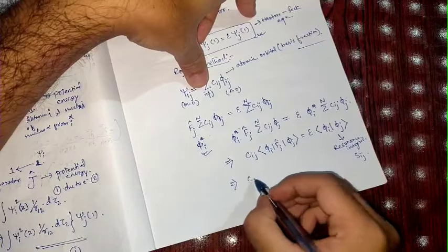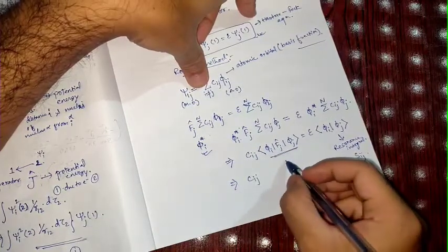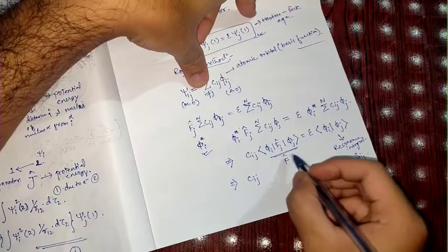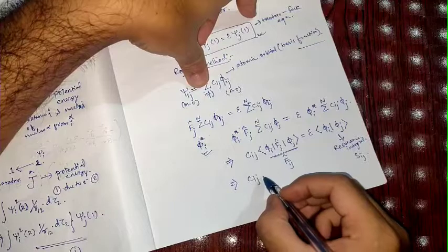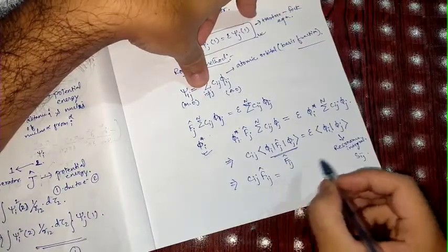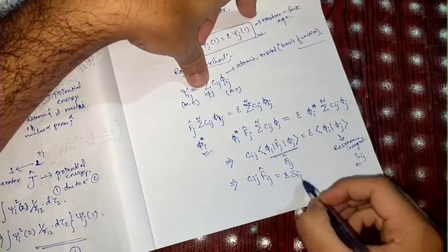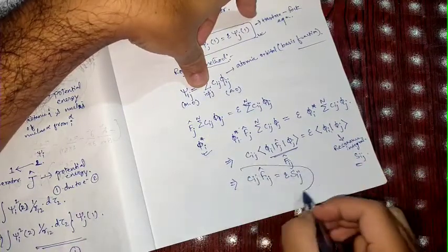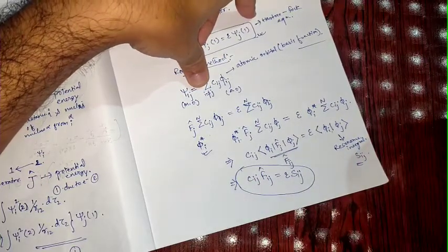So ultimately Cij, and this may be replaced by f cap Ij, and that is equal to E and Sij. This is the particular equation.